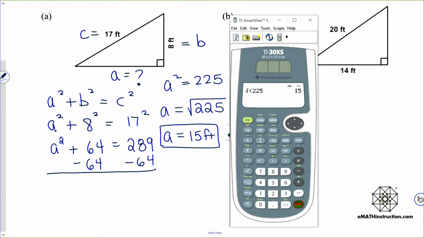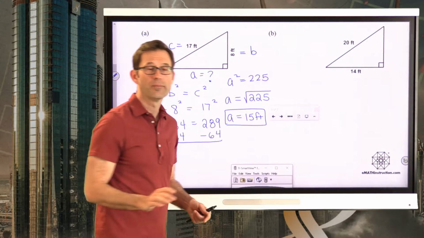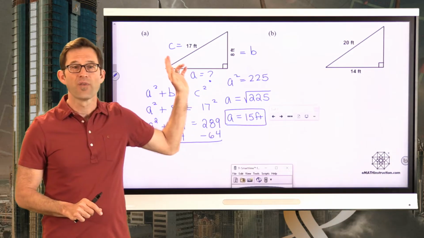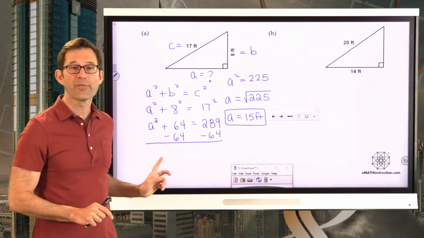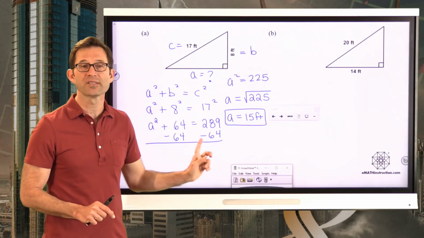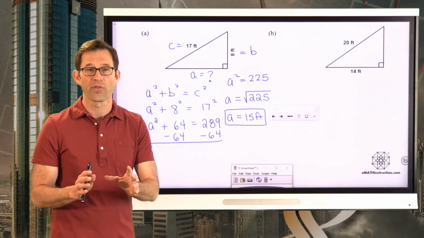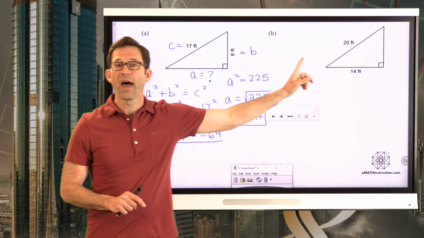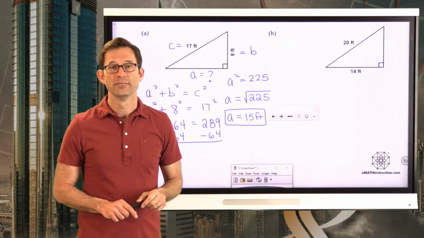So again, just to be clear, the only difference between finding a leg versus finding the hypotenuse is that we'll have to do this extra step where we isolate the square of the leg length before we take the square root. All right, try that in letter B.